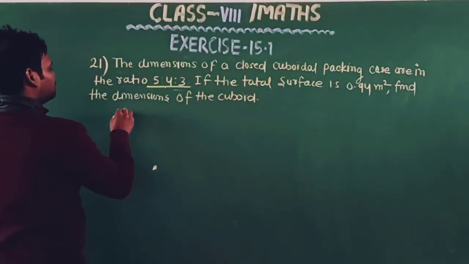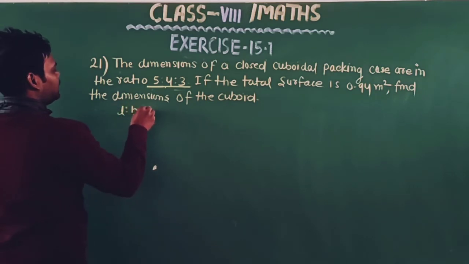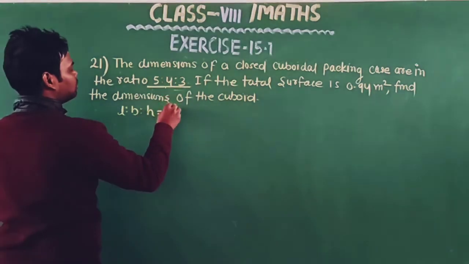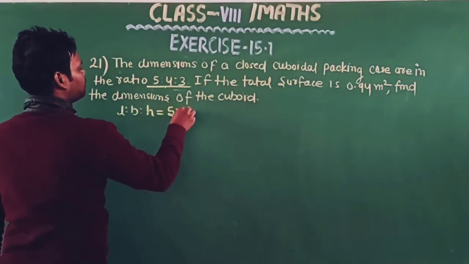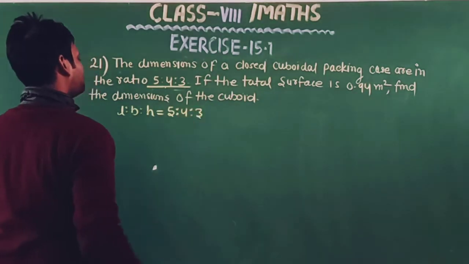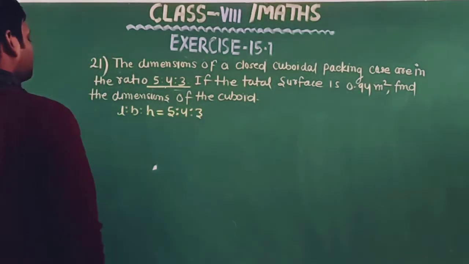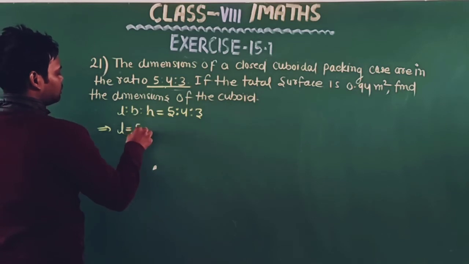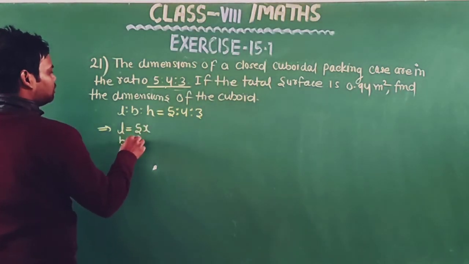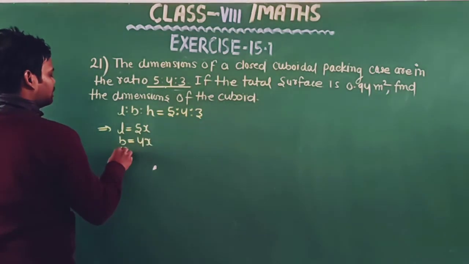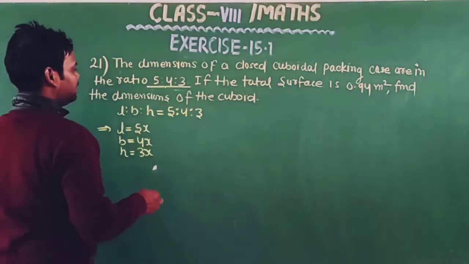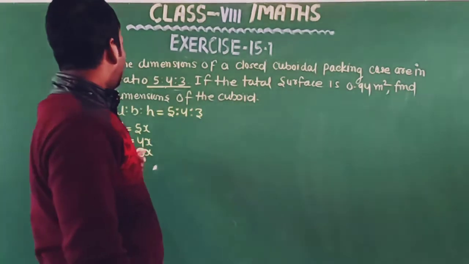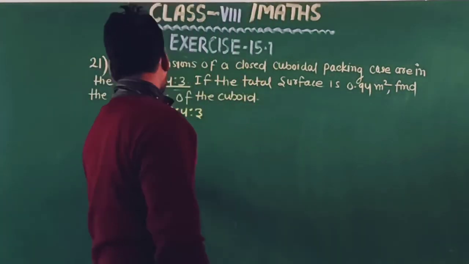This means the ratio of length, breadth, height is 5:4:3. So from this ratio the length is 5x, breadth is 4x and height is 3x.